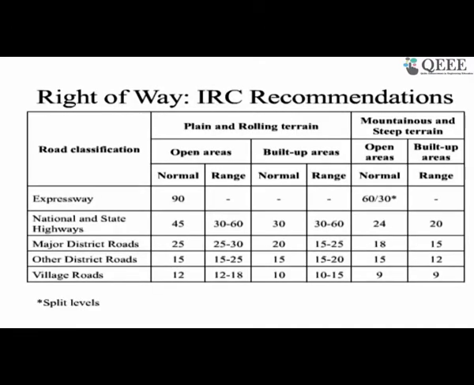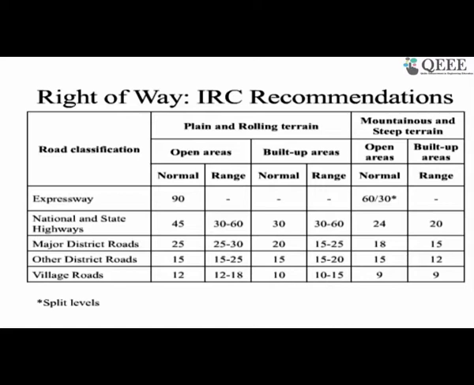So coming to the right of way from IRC, the recommendations are quite high. For expressway, you will see the right of way in open areas is normally 90 meter, and in mountainous and steep terrain it can be 60 and 30. So 30 is like split level. Split level means your one direction is in a different level and the other direction carriageway is in a different level.